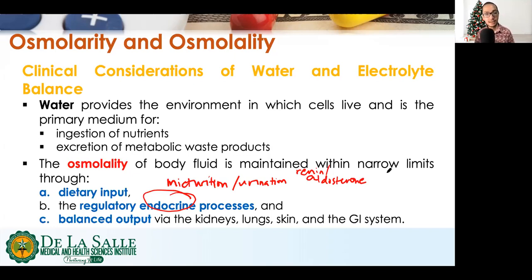But if you ingested a sufficient amount of water or more than the sufficient amount of water, then your endocrine system will tell you to excrete that excess water. Okay, so there is balance inside our body, and it's controlled by endocrine processes. One of which is your renin aldosterone system. Actually, meron pa yan, renin angiotensin aldosterone system. And of course, through balanced output via the kidneys, lungs, skin, and the GI system.